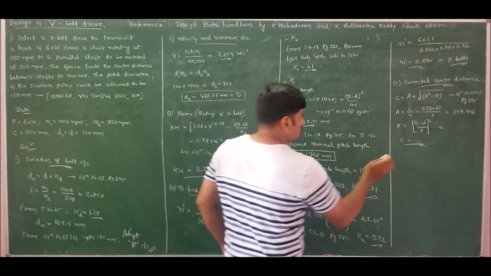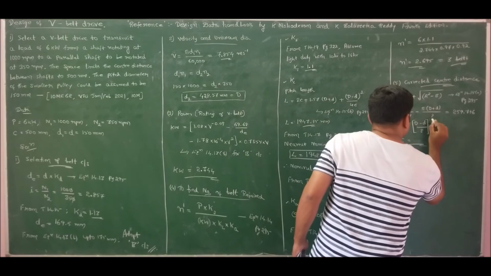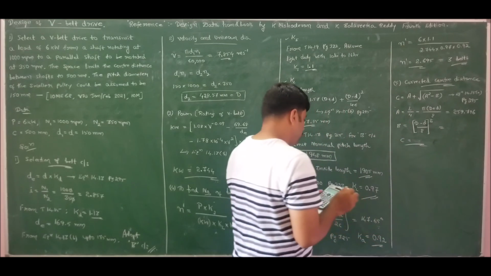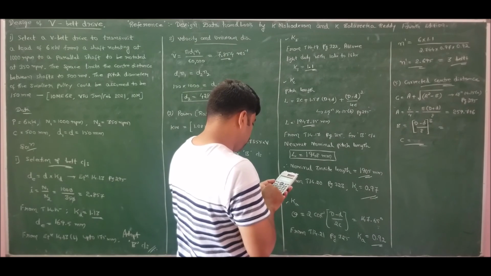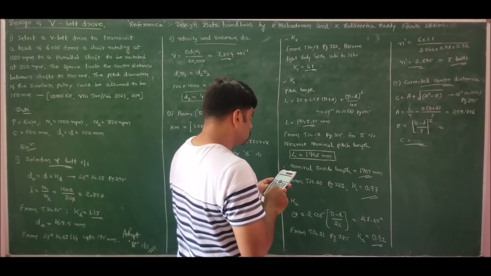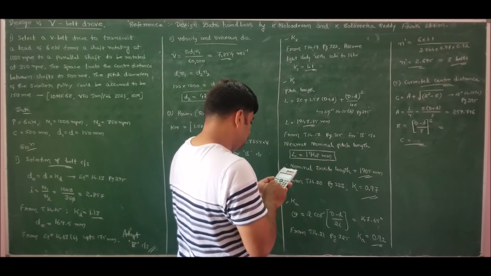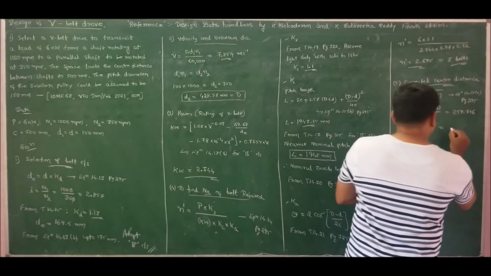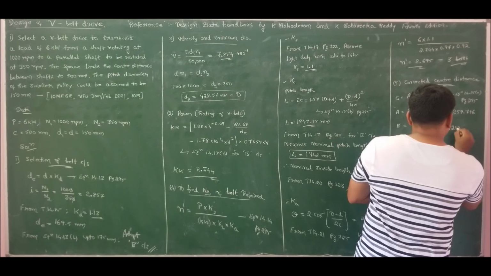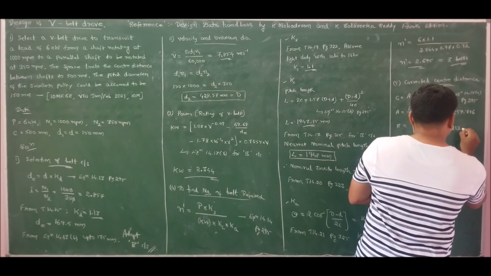So therefore, if I solve properly, you get the value of B as 428.57 minus 150 by 8 whole square. So the value of B is 1212.52 mm.